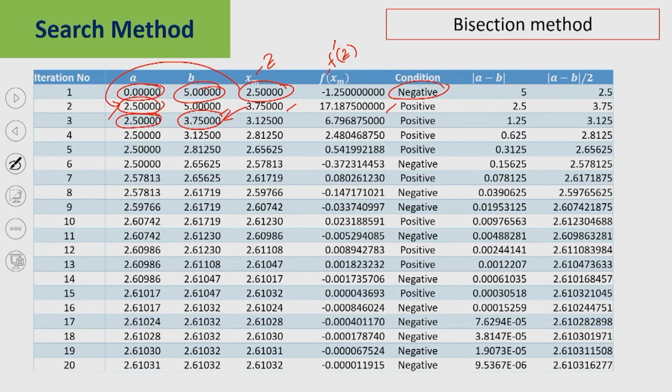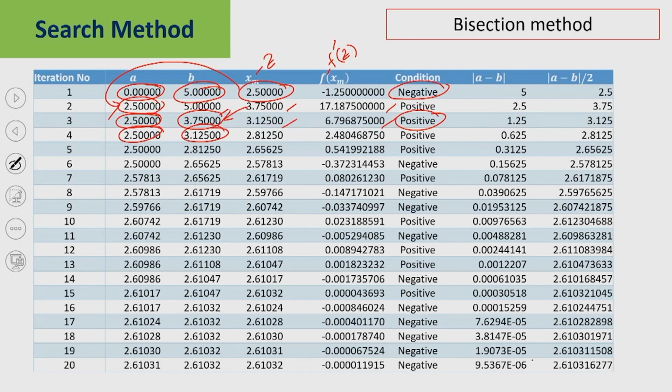Then you calculate the new derivative value, and in this case positive. So, positive means that a is not changing, b is equal to z, and then you continue your iteration.